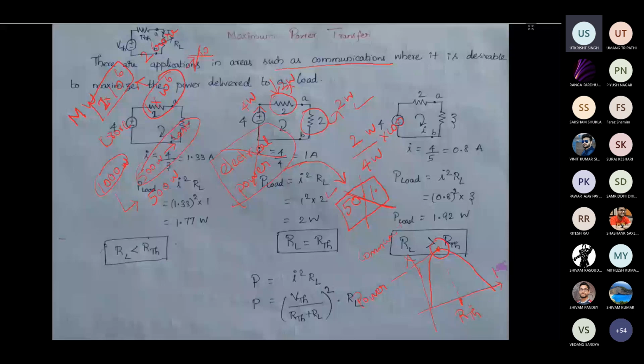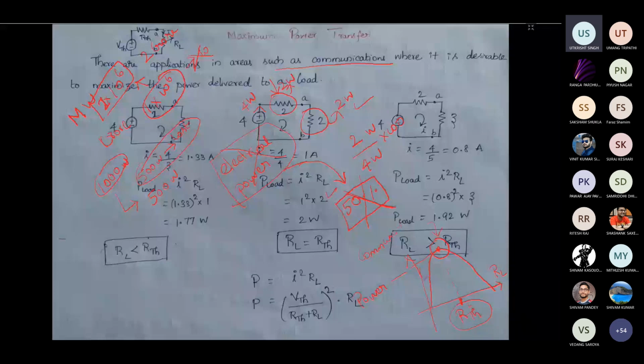If you are varying the RL in this fashion, if your RL value is less than RTH, you will get less power. Similarly, if your RL is greater than RTH, you will get less power at the load end. Whereas when you make RL equal to RTH, you will get the maximum power that can be dissipated in the load.